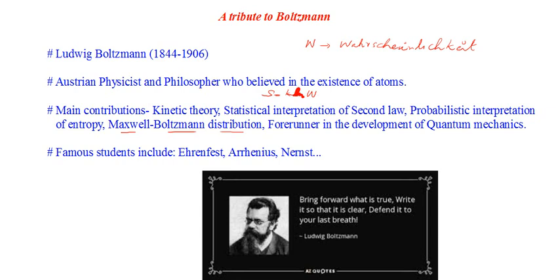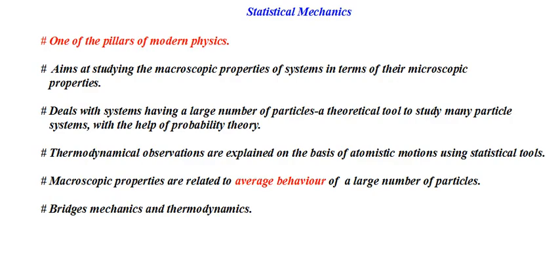in the next slide. As I mentioned already, statistical mechanics is regarded as one of the pillars of modern physics, because without the help of statistical methods or statistical mechanics principles, it's quite difficult to comprehend many of the theories and phenomena that we explain in modern physics.